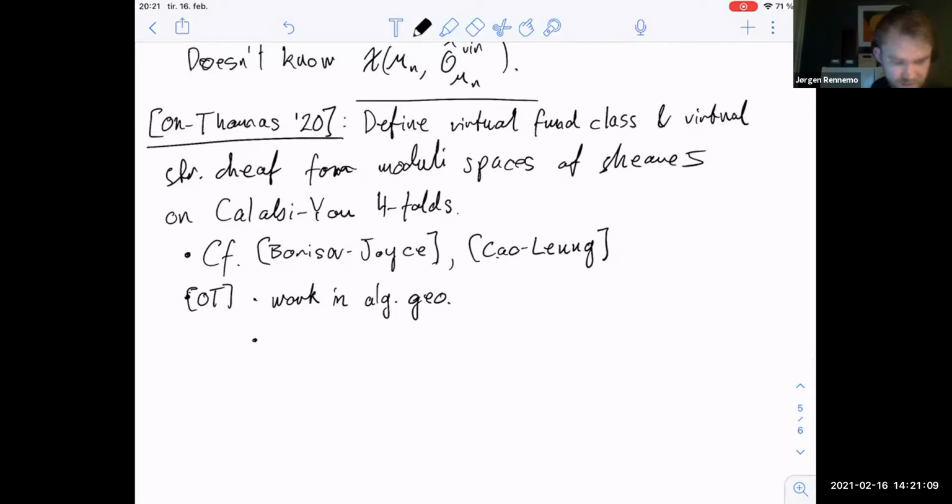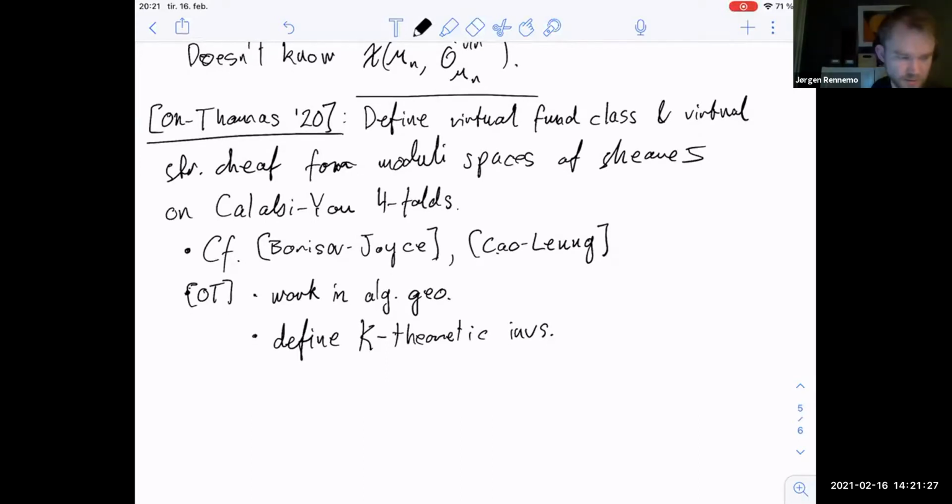And a main thing, logically speaking, is they define K-theoretic invariants, which didn't really exist before. The previous thing was only in cohomology. Now, with their work, we have a definition in K-theory.